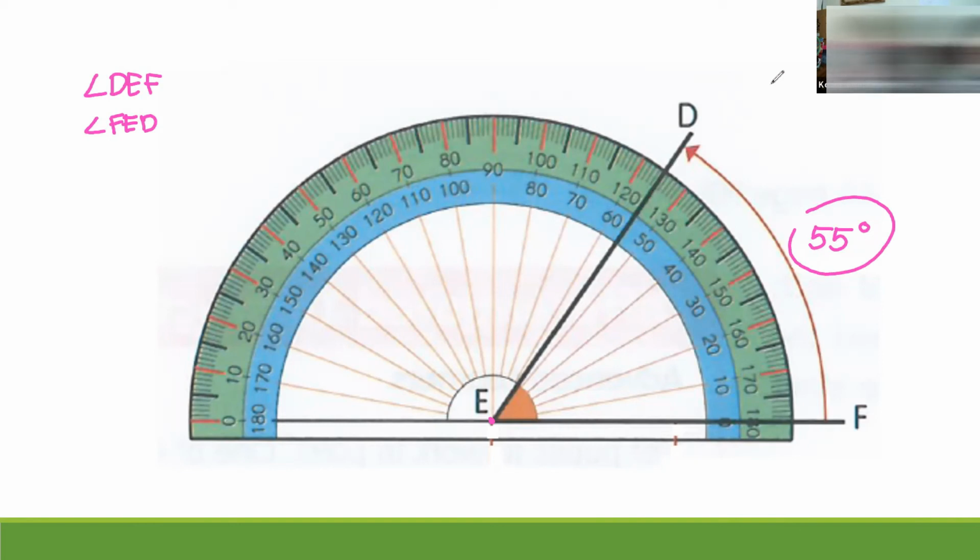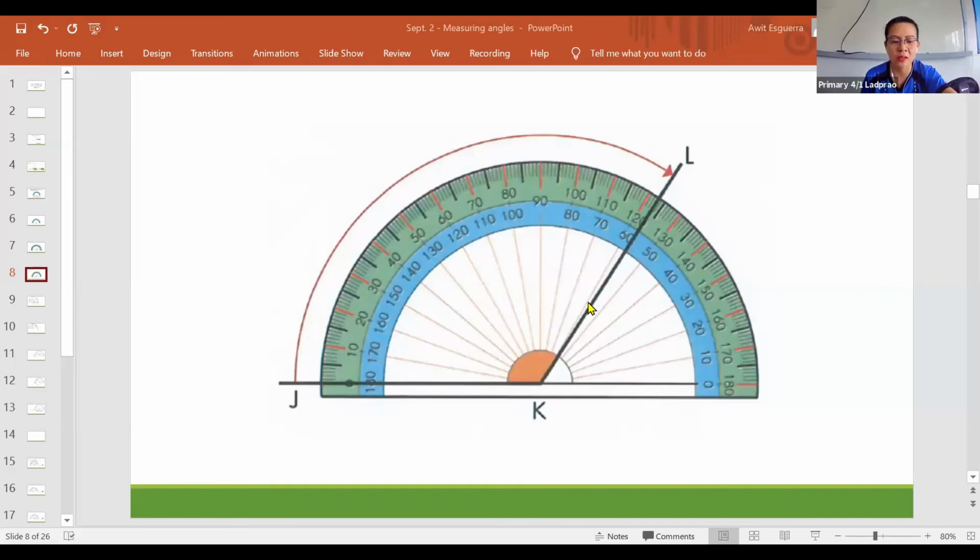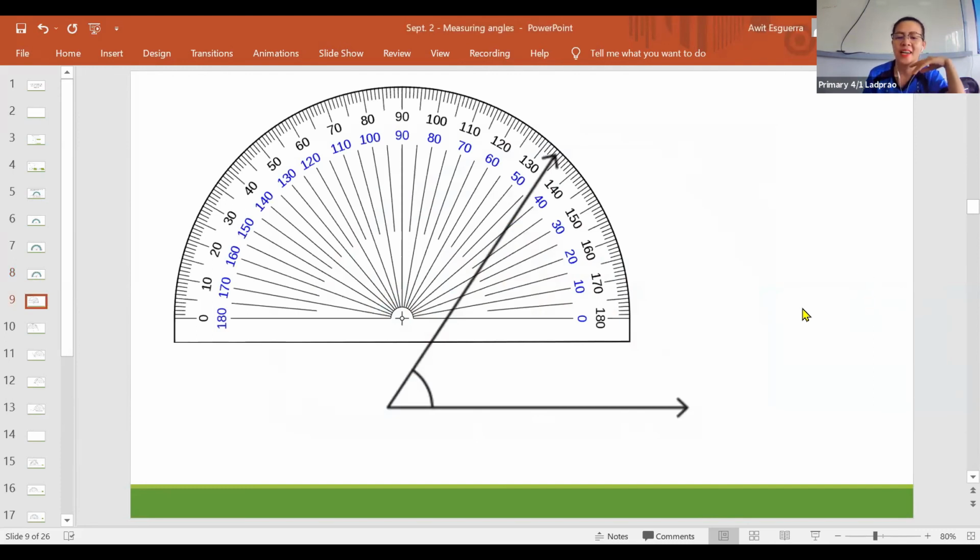Alright. Last example that I'm going to show you. This time we are going to use, instead of my protractor, an online protractor. We're going to measure this one using the protractor.